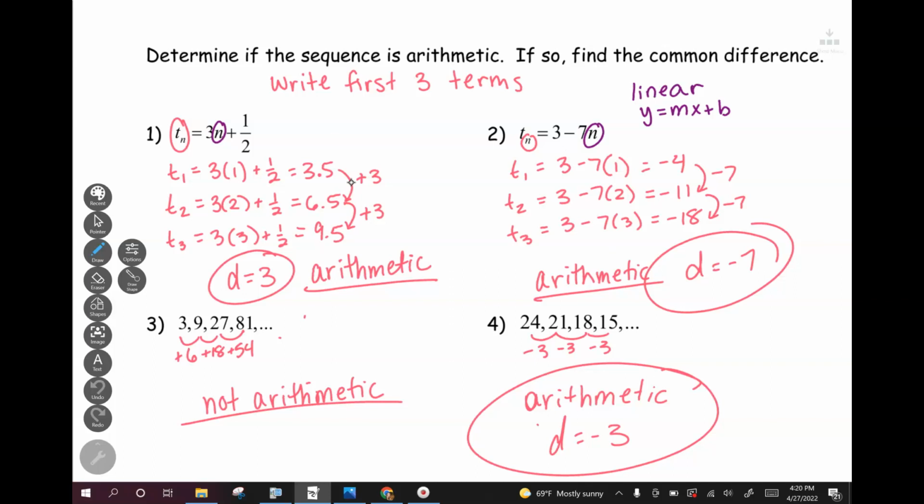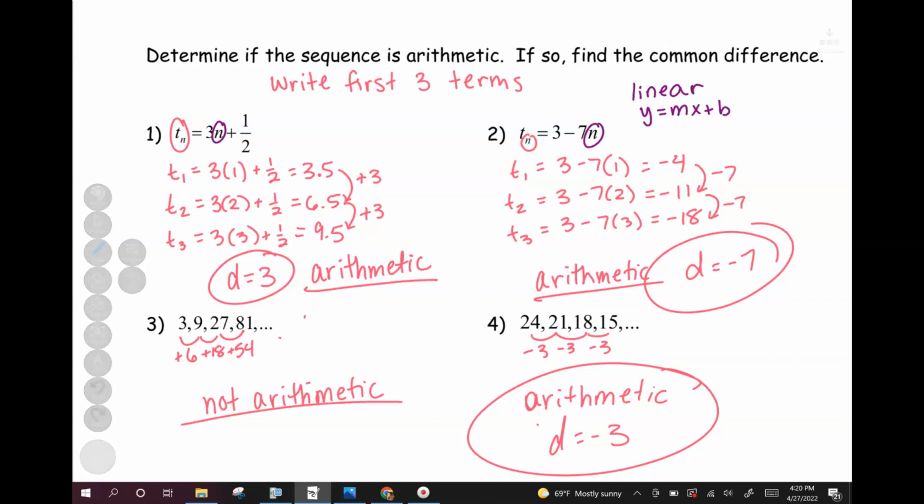Well, linear, you're thinking y equals mx plus b, right? That's linear. So basically there's no exponent on your variable, the n is just plain old n, and also the n is not in the exponent either. So that's when it's always going to come out to arithmetic.